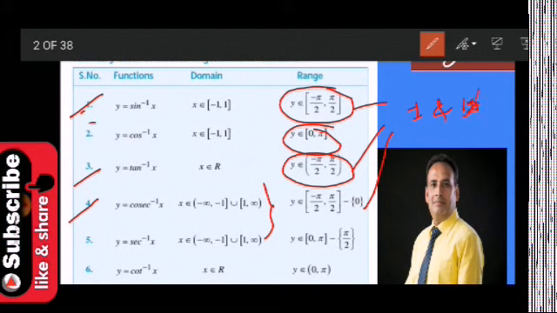And the second, fifth, and sixth, that is cos inverse x, sec inverse x, and cot inverse x, share the first and second quadrant, as these are angles, meaning the angles exist in the first and second quadrant. So the first quadrant is common for all, and the third quadrant is never in use.